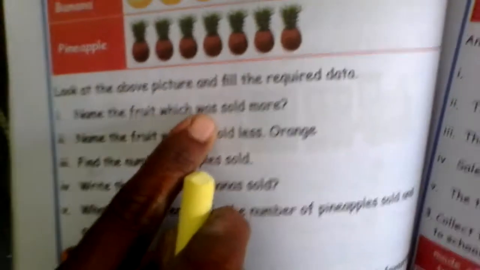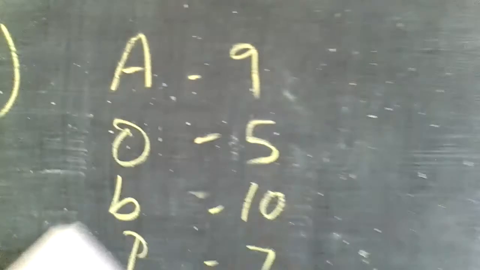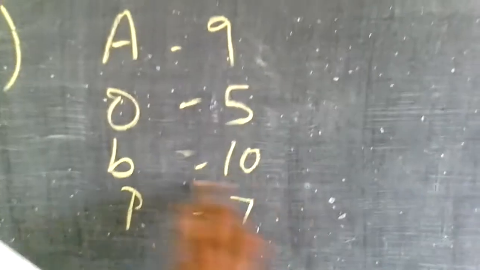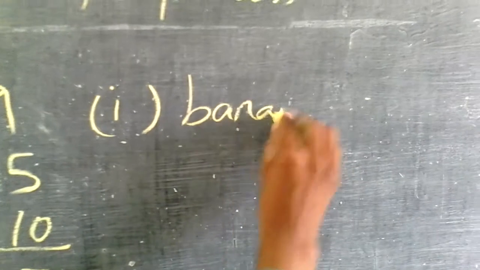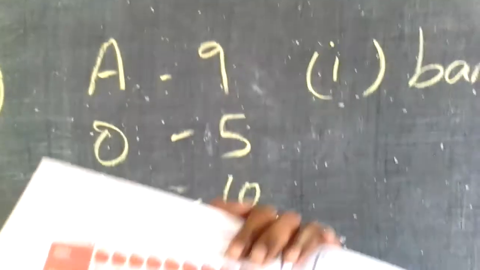So let's start answering the questions. Name the fruit which was sold more. Which was sold more? See here. We can see very well, right? It's banana. So the answer for the first one is banana. You can write. Right. And next, name the fruit which is sold less. Check it. Orange. Already they have given the answer.